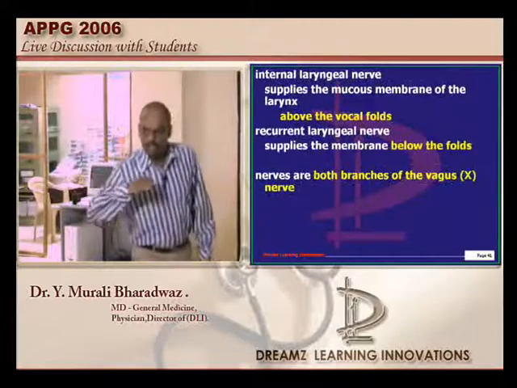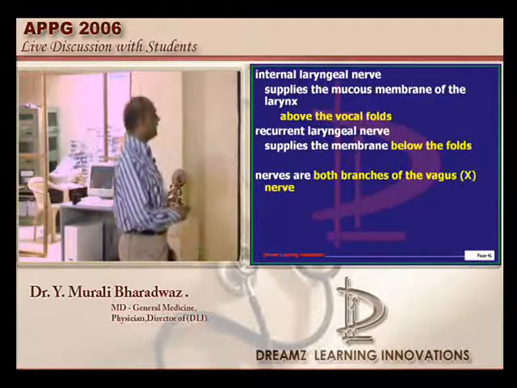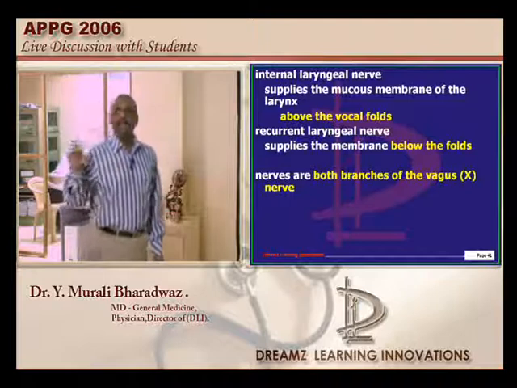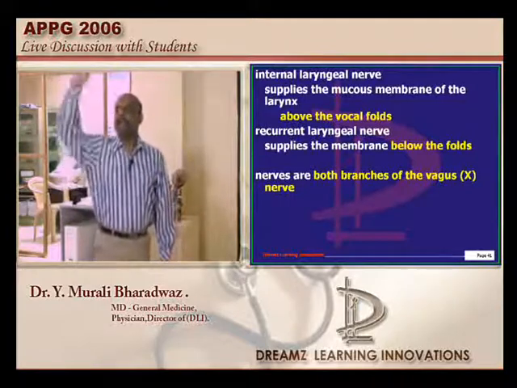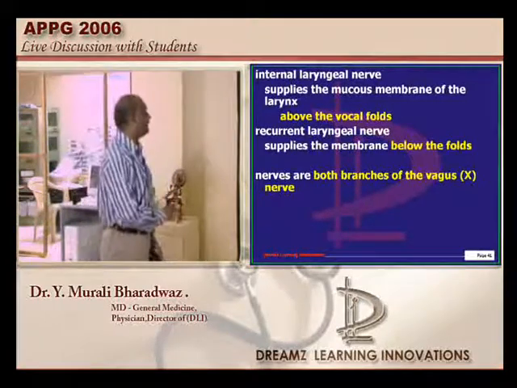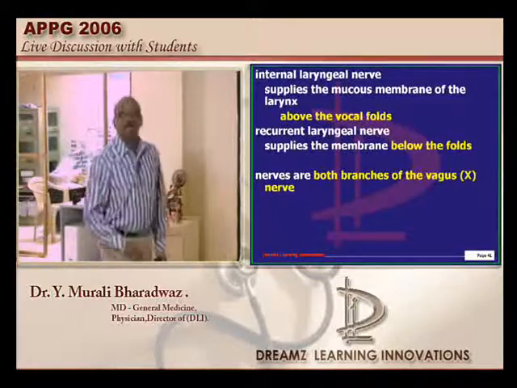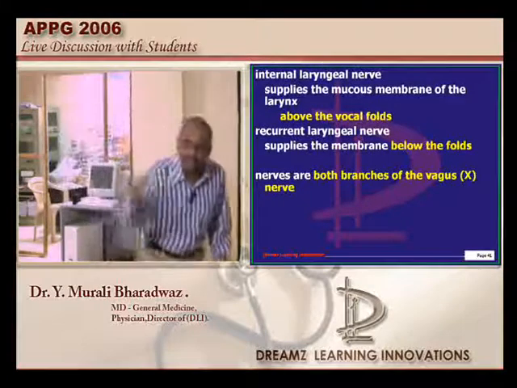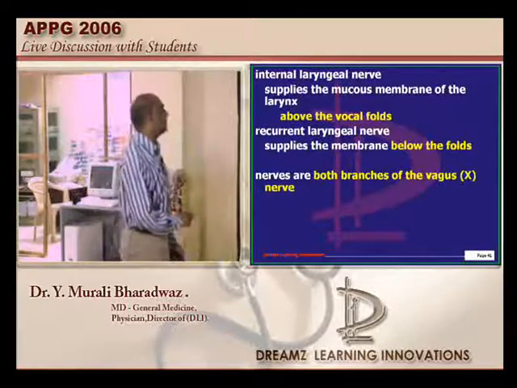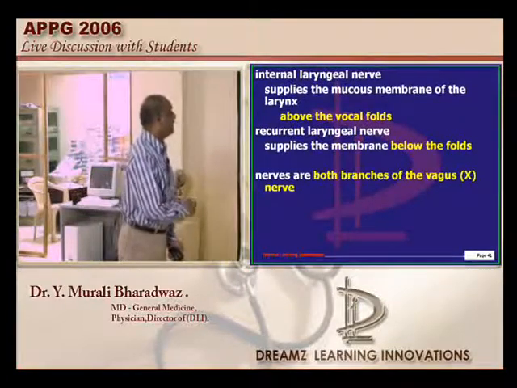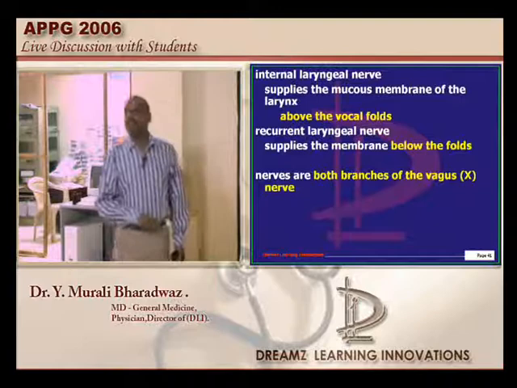Now coming to the sensory supply, another favorite question of the examiner. The internal laryngeal nerve supplies everything above the level of the vocal cords in the larynx, and the recurrent laryngeal nerve supplies all the sensory supply below the level of the vocal cords. Both of these are branches of the vagus nerve.